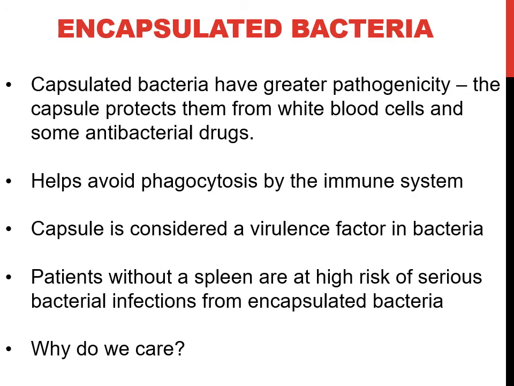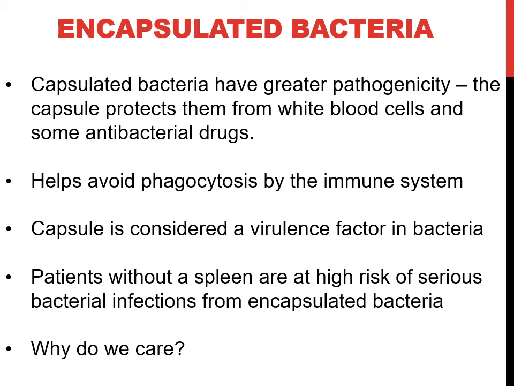Now, I mentioned earlier in this module that some bacteria have a capsule around them, and I think we had an image of one. Encapsulated bacteria have a greater pathogenicity, meaning they have the potential to cause significantly more illness.